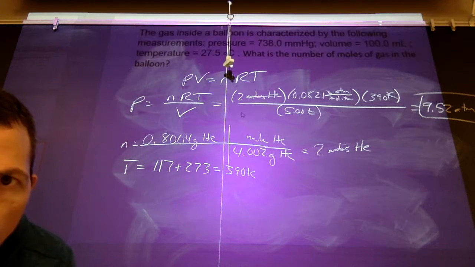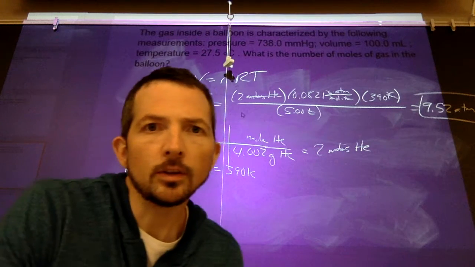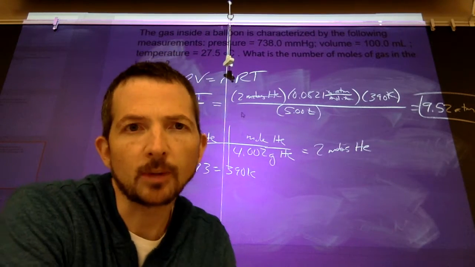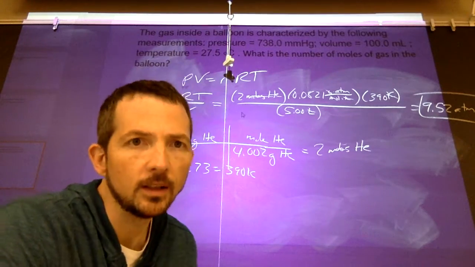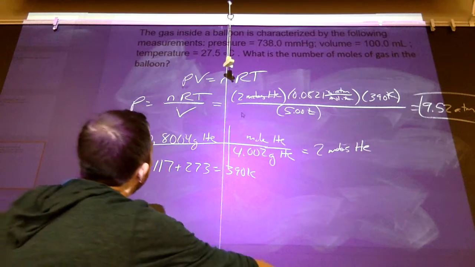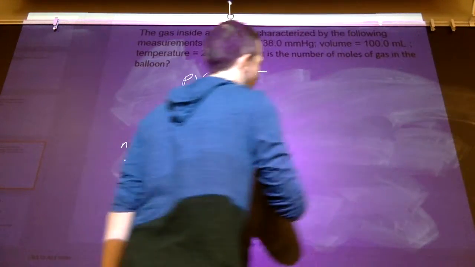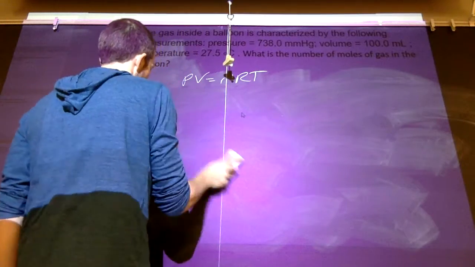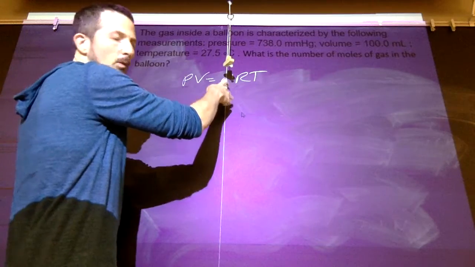It says the gas inside the balloon is characterized by the following measurements: pressure, volume, temperature. What's the number of moles of the gas in the balloon? So now I'm solving for the number of moles.